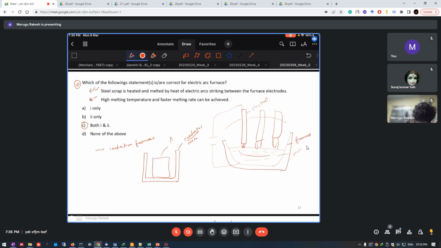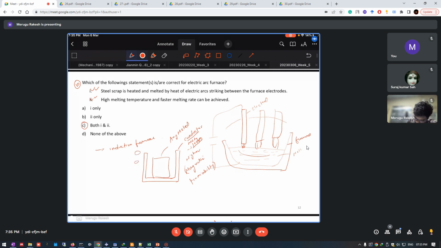Or else we can use iron. The reason behind is we have to have higher magnetic permeability. That is the only requirement in this case.